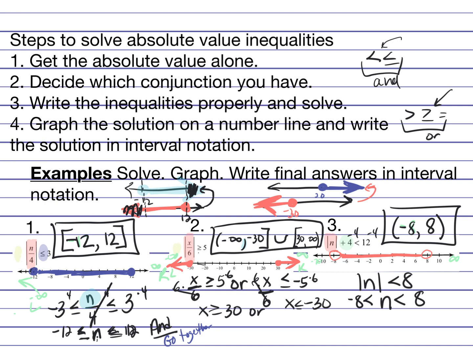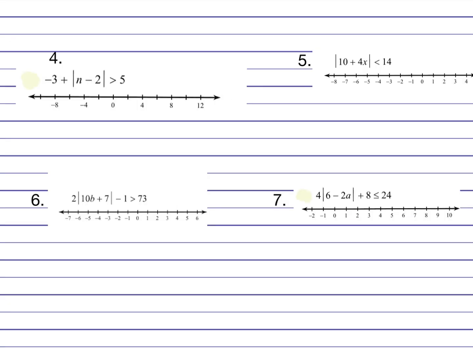Now on to 4 through. Now I am going to highlight my absolute values. This one's not alone, this one's not alone, this one's not alone, and this one's not alone.